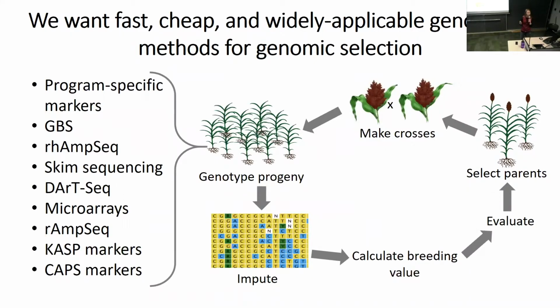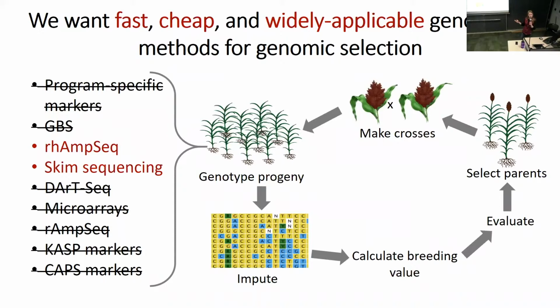But really what we want is a technology that's going to be cheap, fast, and also fairly easy to use both across breeding programs and across species. When we subset down this list based on those criteria, we can cross out a lot of the things on this list to begin with.